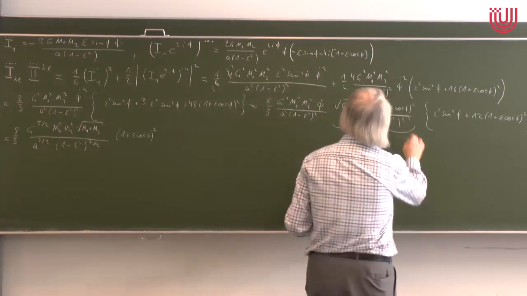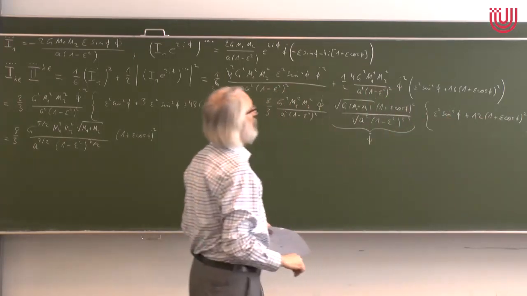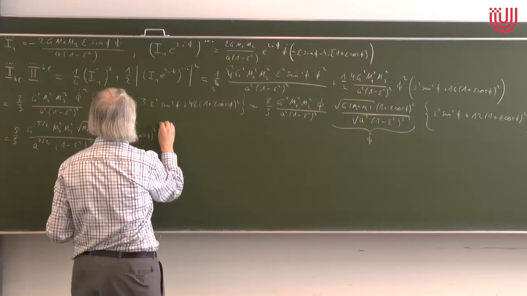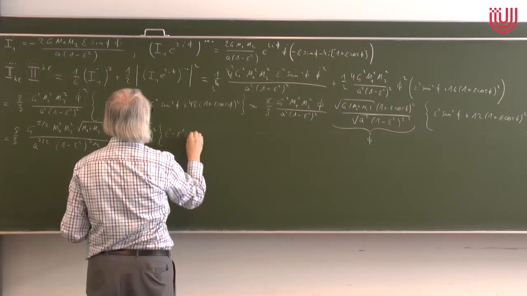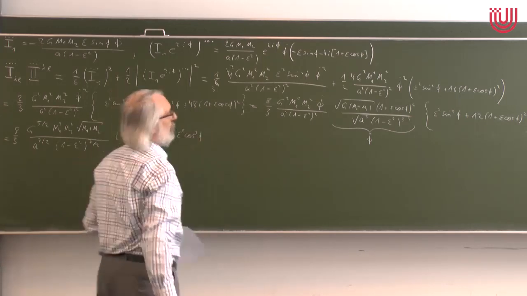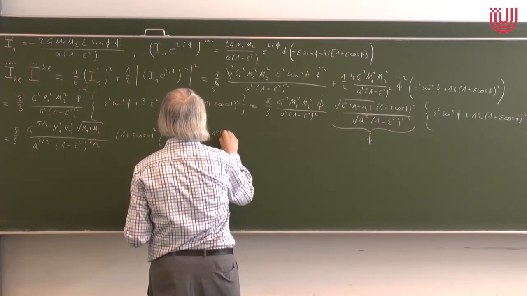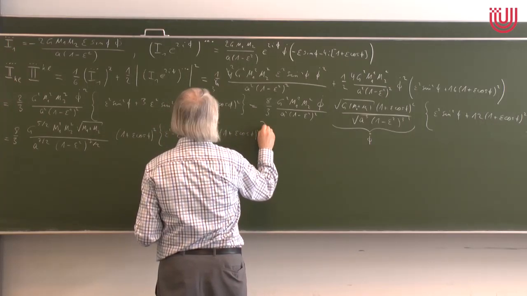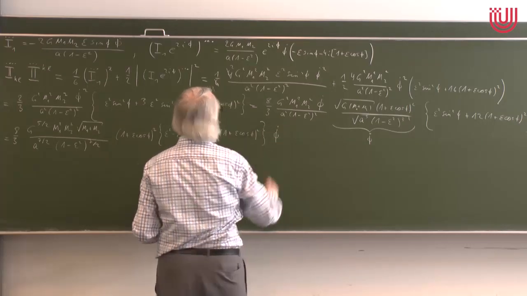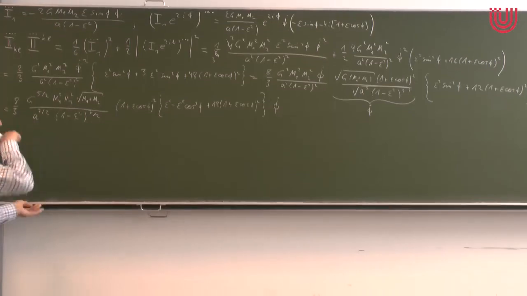And because all the other terms are expressed in terms of cosine, I also write the sine squared in terms of cosine. So then it becomes epsilon squared minus epsilon squared cosine squared phi, right? Plus 12, 1 plus epsilon cosine phi squared phi dot. Okay, and this I have to average.